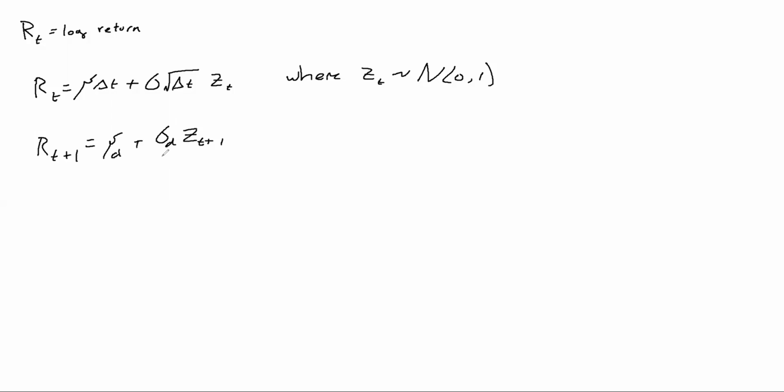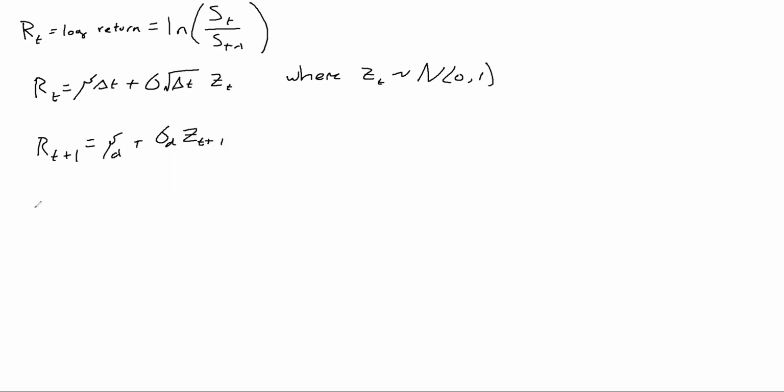We're simulating z, which follows a standard normal distribution. So with this, we could potentially simulate 30 days in the future of stock returns. But we don't only care about stock returns. We really want the stock price. So remember that our log return is the natural log of stock price S_t divided by S_t minus 1.